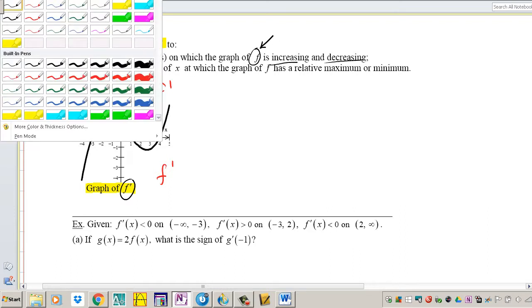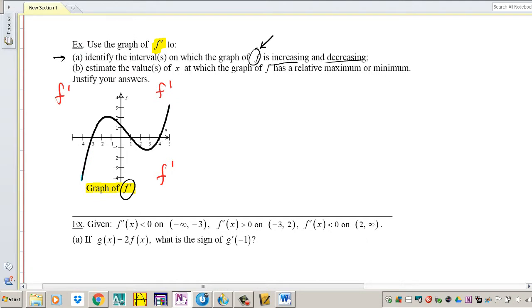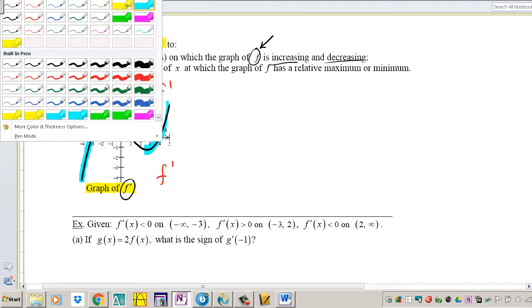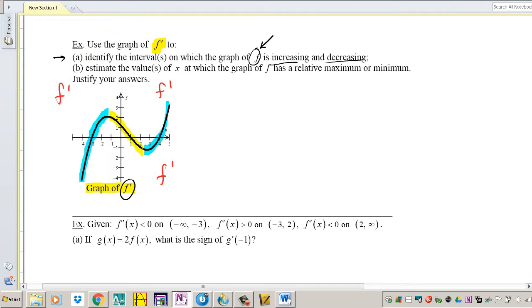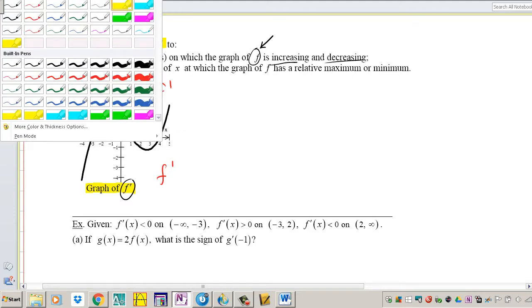So some of the biggest mistakes that my students will make is that they'll start telling me, well, this is the graph, it's increasing from here to here, and increasing from here to here, and decreasing from here to here. Well, that is true, but that's increasing of f prime, not f. As you guys know, f prime is the derivative of f. So you're looking at a derivative graph, not the original function graph.